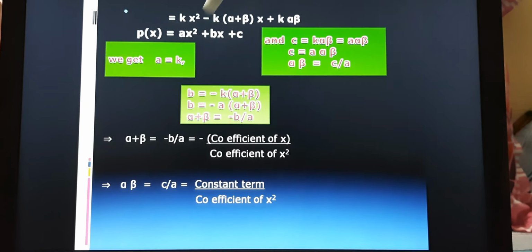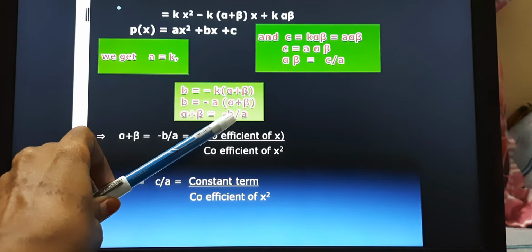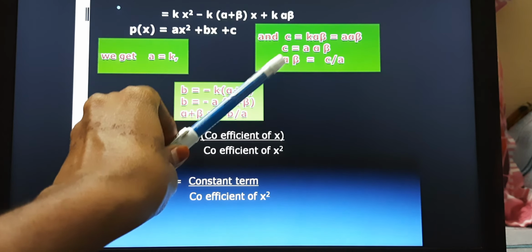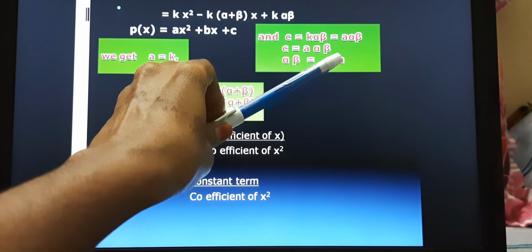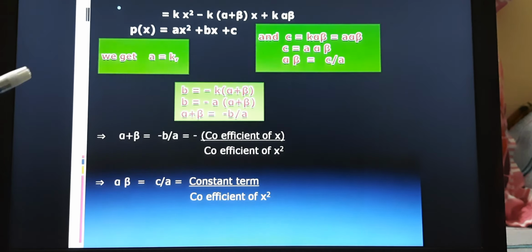So alpha beta is equal to, again this a transferred to the other side, c by a. So a is equal to k, and alpha plus beta is equal to minus b by a, and alpha beta is equal to c by a.